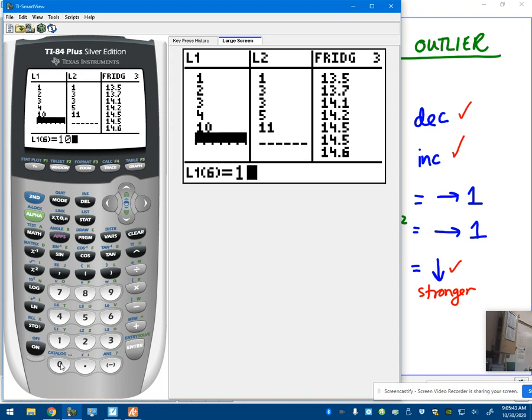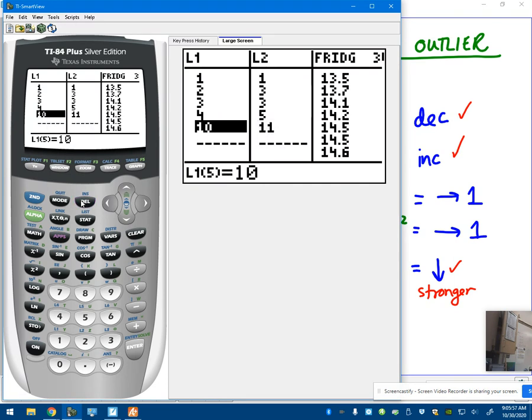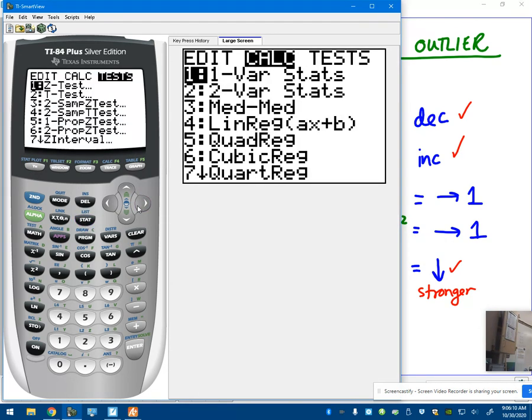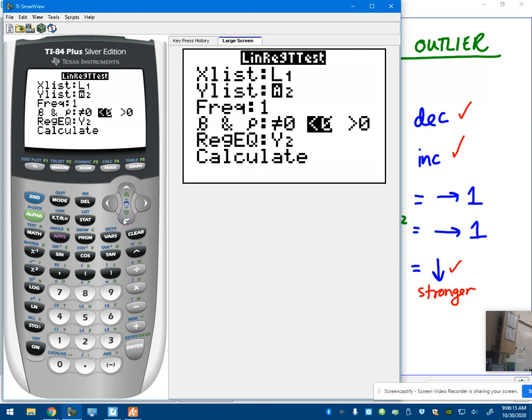Okay, this was 10. And then over here, this is actually 1 and 11. So first thing I have to do is go back to this screen and hit delete here and delete the 10 that goes with it. Stat, enter, because it's already an edit. Okay? And now just do stat test, linreg t-test of L1 and L2.